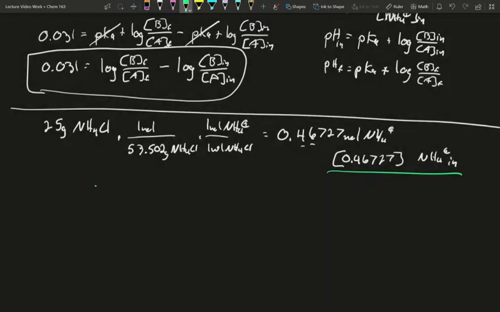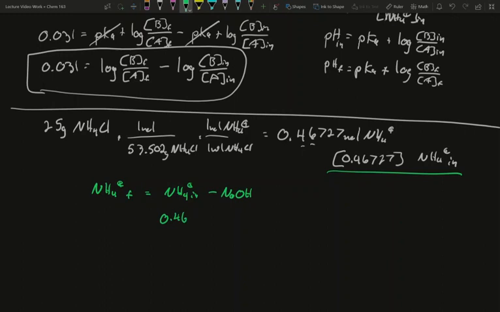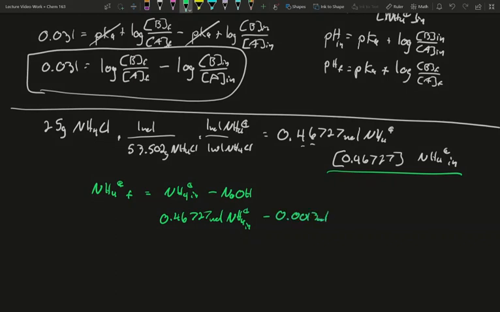And so our NH4 final is going to equal the NH4 initial minus what we lost to sodium hydroxide: 0.46727 moles originally, minus the 0.0013 mole of hydroxide that was added, which will wipe out that much of it.